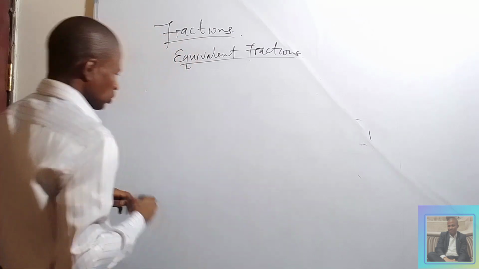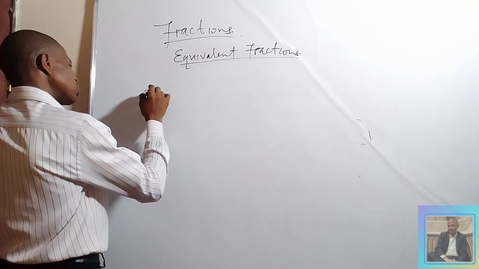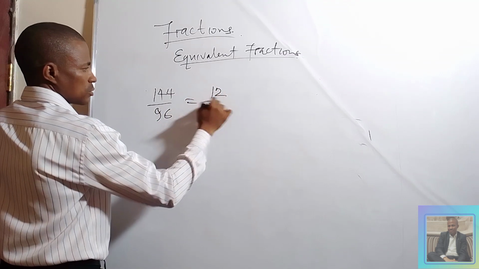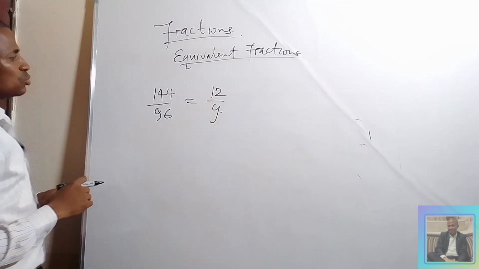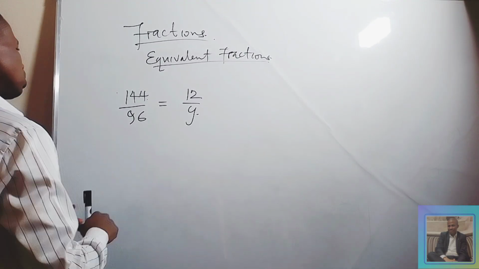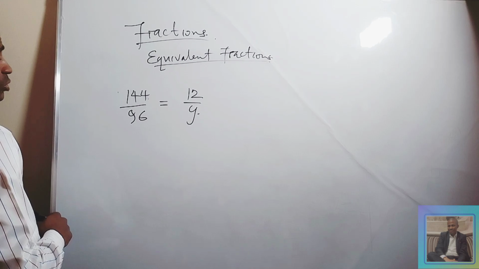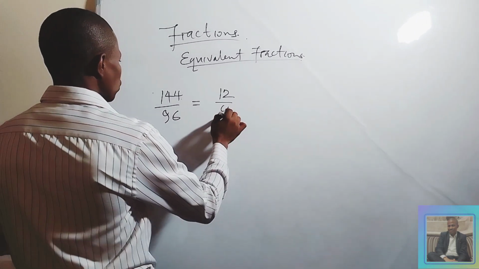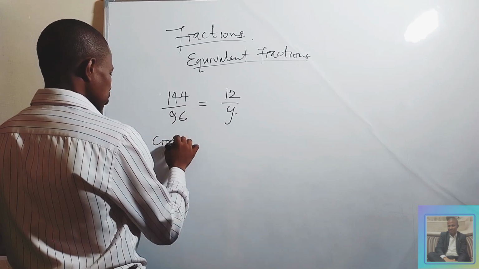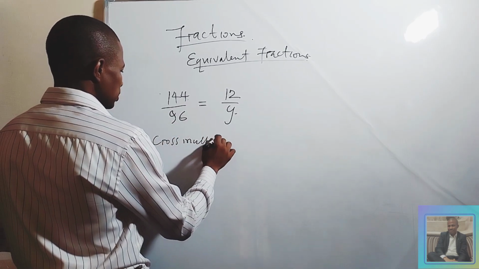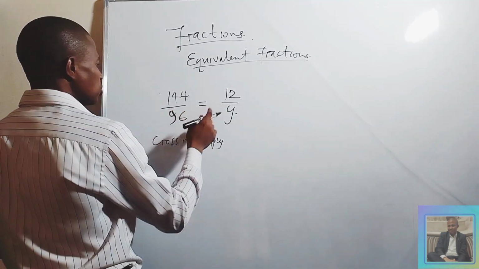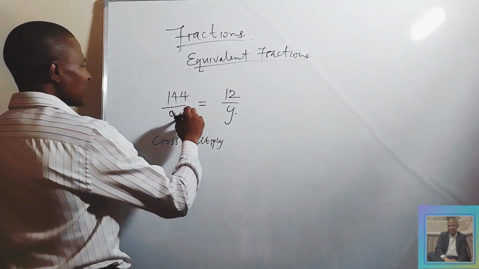Another method that we can use, let's go back to our question. We can cross multiply to solve equivalent fraction problems when looking for this y. We multiply the numbers diagonally.